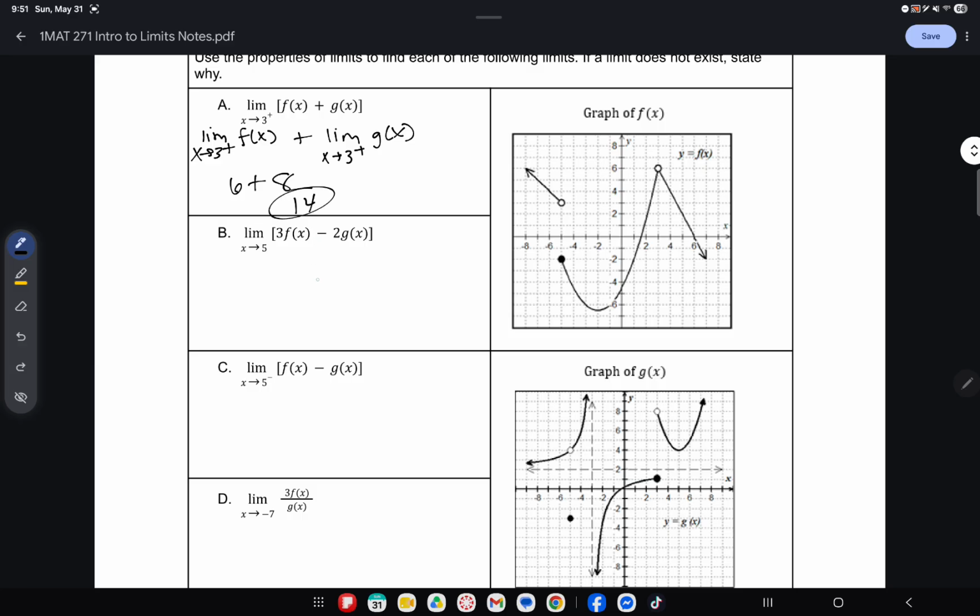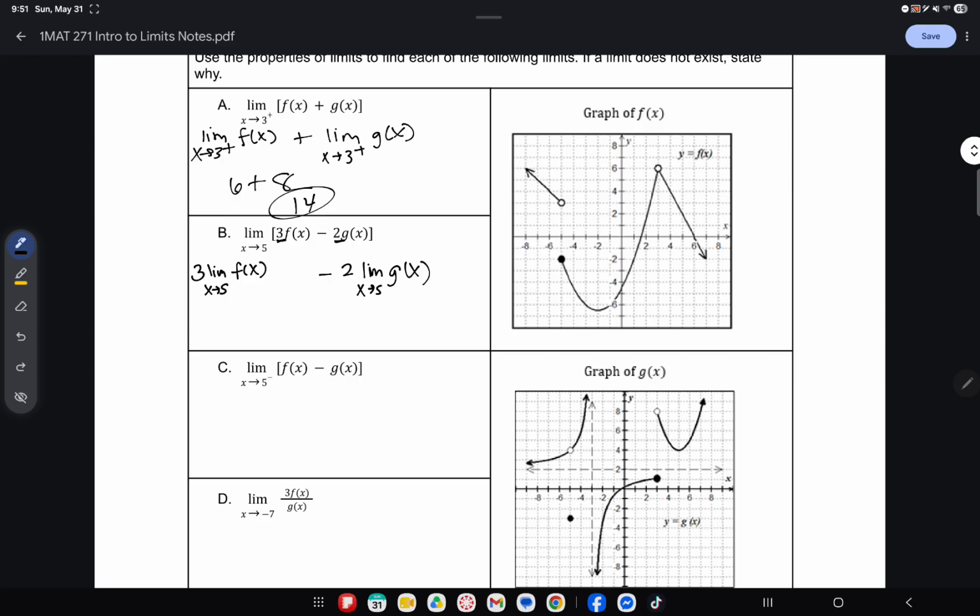I have a difference here, so I can separate them with subtraction. But then both of these have a constant here that I can pull out. So 3 times the limit as x approaches 5 for f of x minus 2 times the limit as x approaches 5 for g of x.